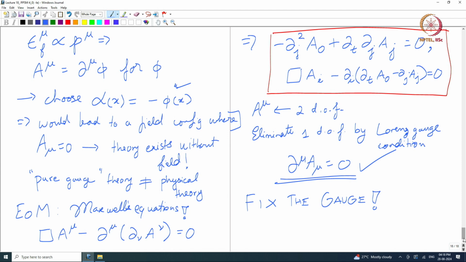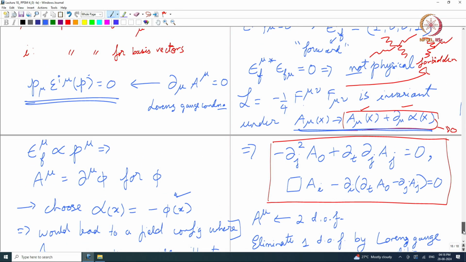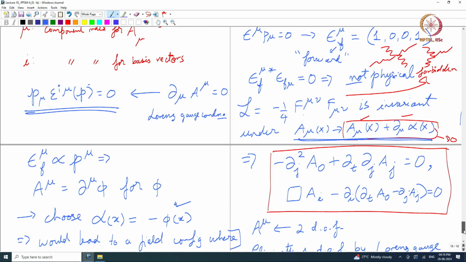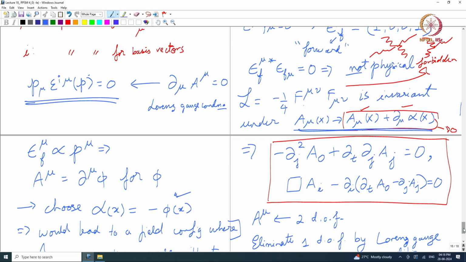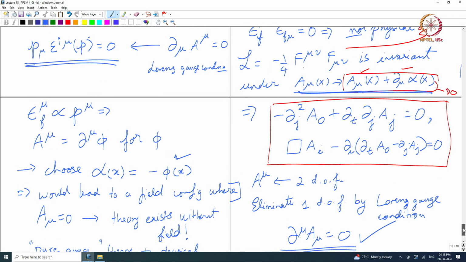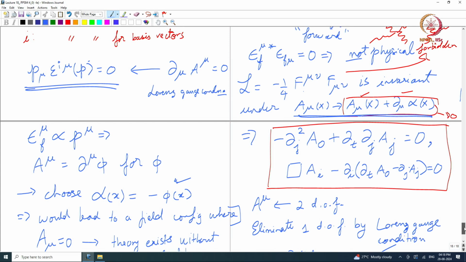Okay. When you do that, would you agree that if I were to work in only one gauge, I do not have the freedom anymore? To start with I have the freedom to move my alpha x wherever I want, but if I were to go to one particular gauge and then write down the Lagrangian equation of motion only for that gauge, would you agree that one more degree of freedom in A will get eliminated?